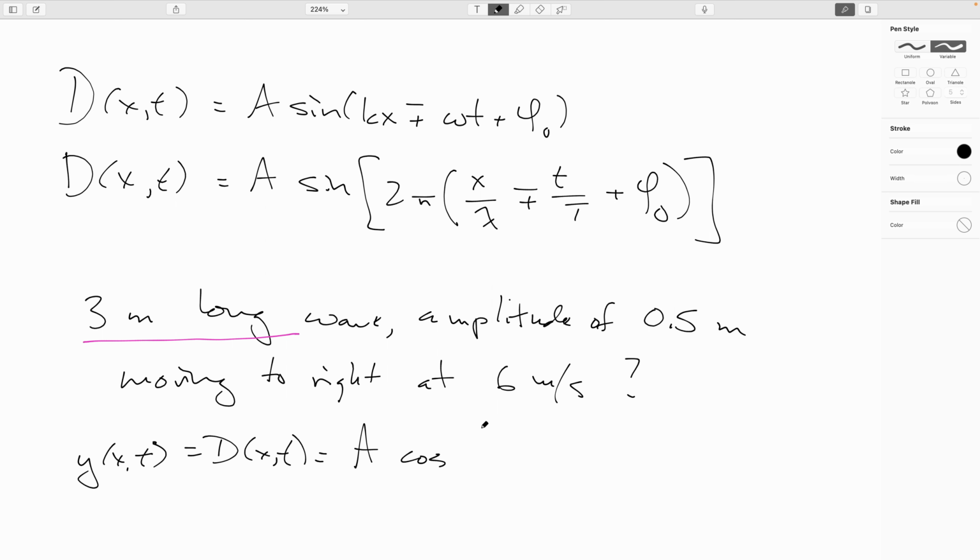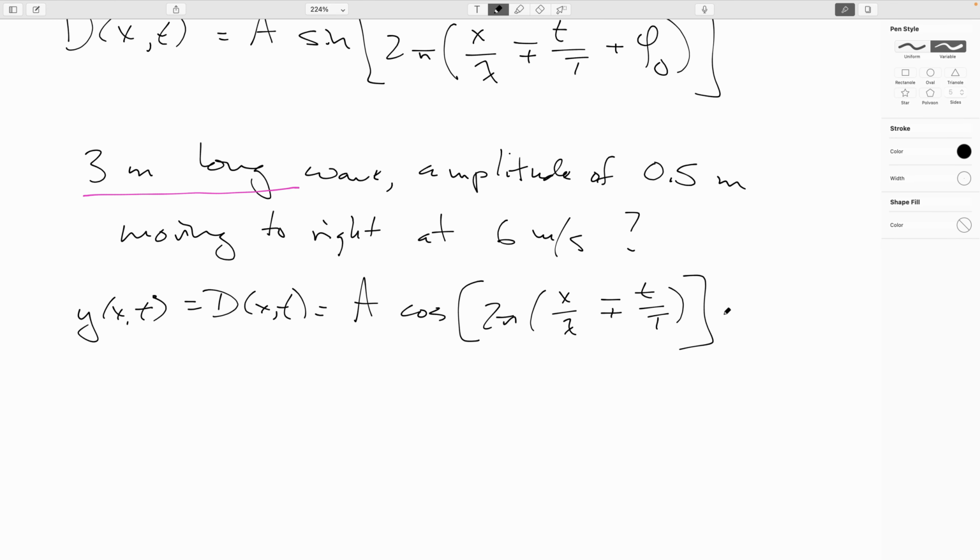A cosine of 2 pi times x over lambda minus or plus t over T. Let's see what we can pick out right away. Just from it having been said that the wave was 3 meters long, that tells me that the wavelength is 3 meters. So lambda is 3 meters. They give us straight off that the amplitude is half a meter. Okay, that's nice. They didn't tell us anything about the phase, so I am assuming an initial phase of 0, so that's why I just plain dropped it there.